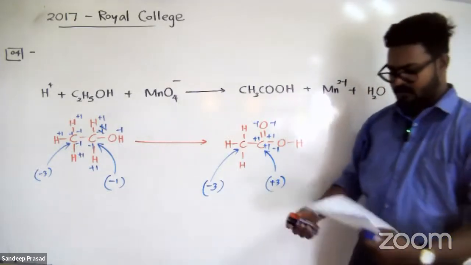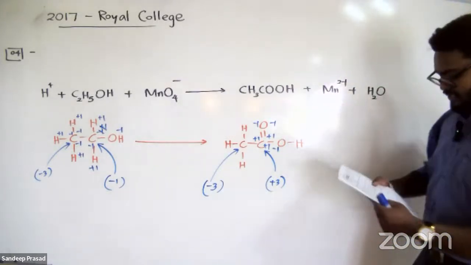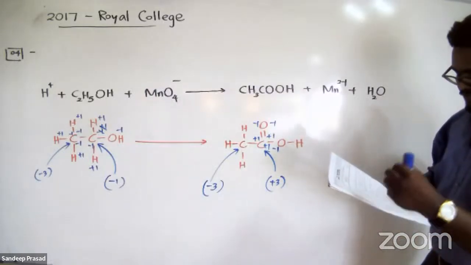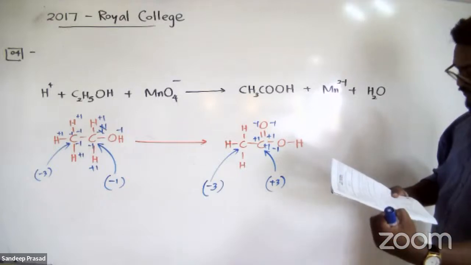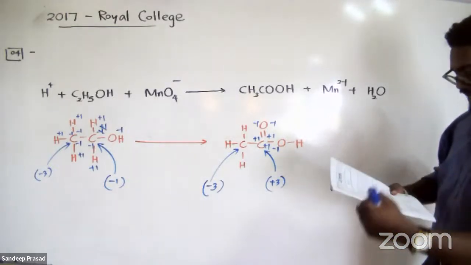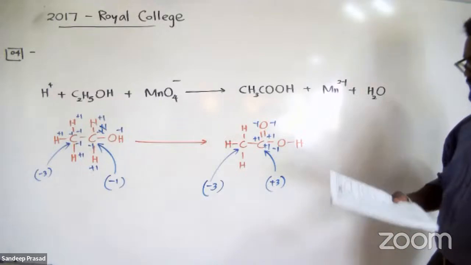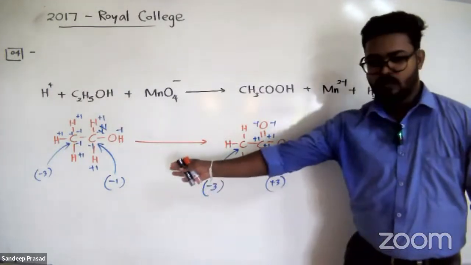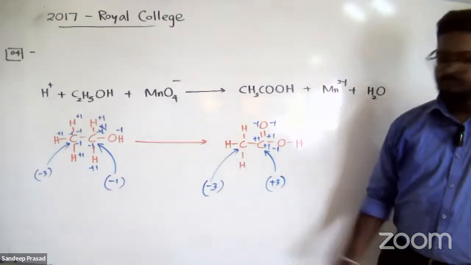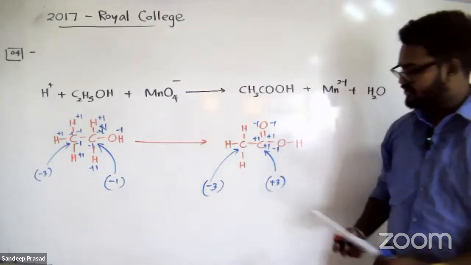Very easy. So the question they're asking here: ethanol is oxidized to acetic acid by a strong oxidizing agent KMnO4 in acidic medium. The change in the oxidation number of the carbon atom is given in? What is the change in oxidation number? -1 to +3, because the other carbon atom is not changing oxidation state.